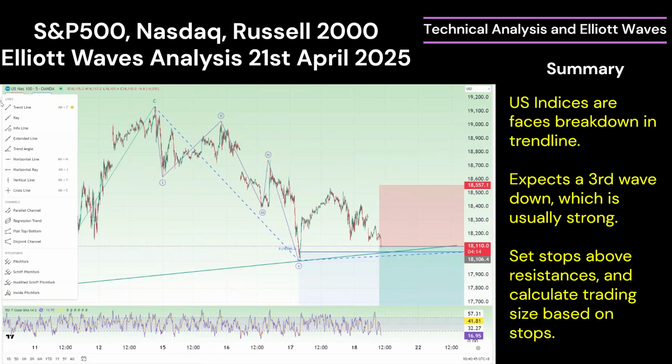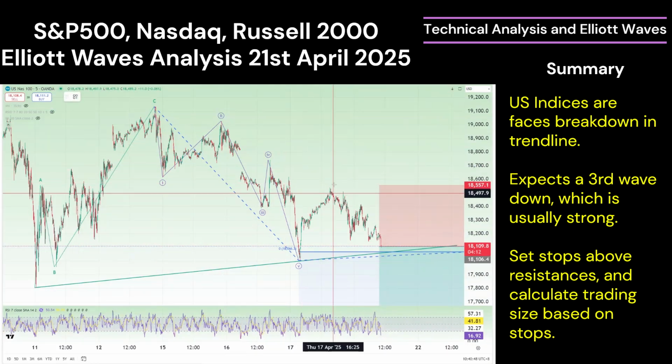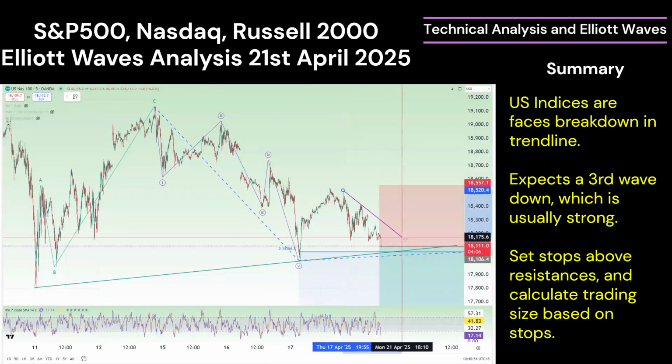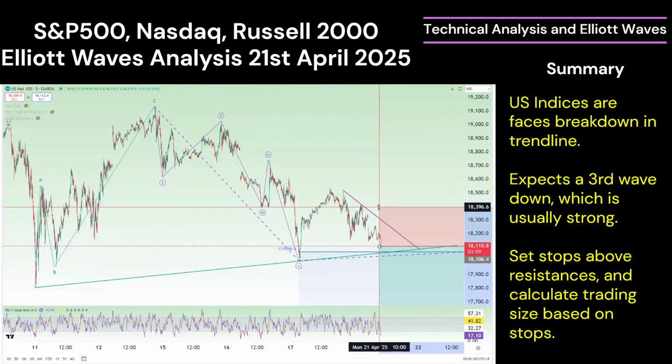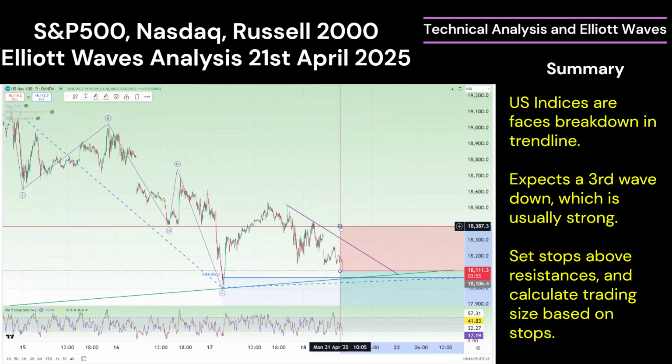If you think that this stop loss is still too much, what you can do is use this trend line and move this down. It shouldn't break the trend line, but I would still suggest to use at least one horizontal support, horizontal resistance in this case. So here 1, 2, 3, 4.